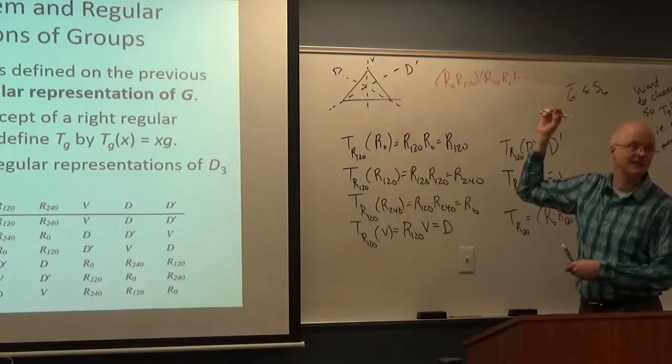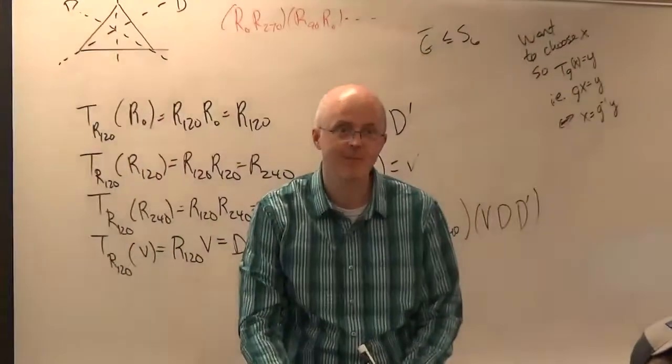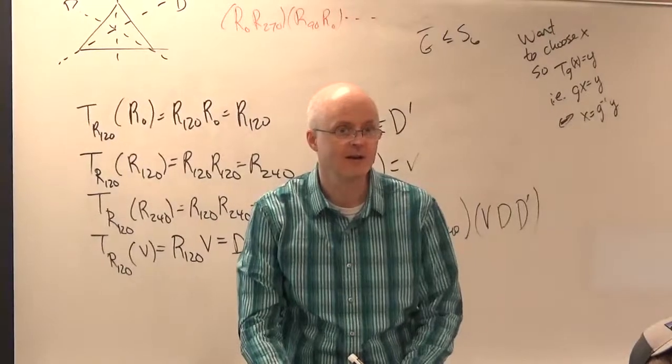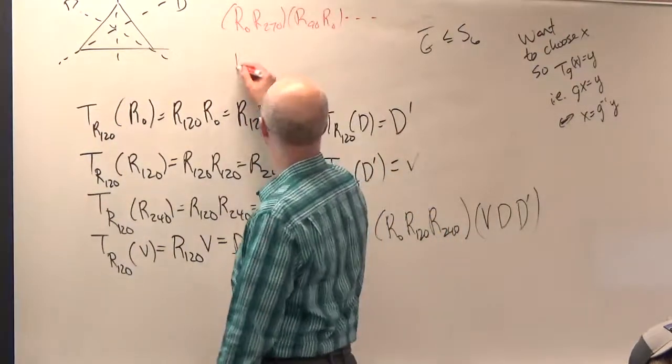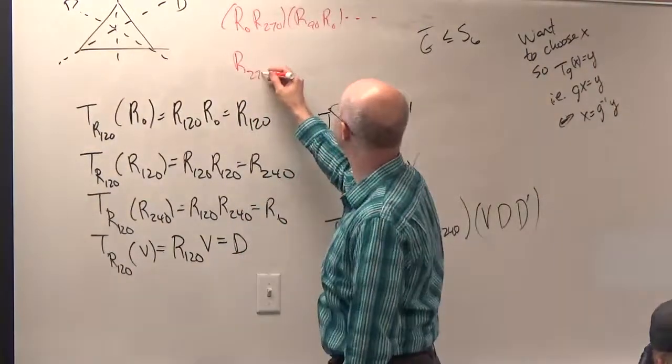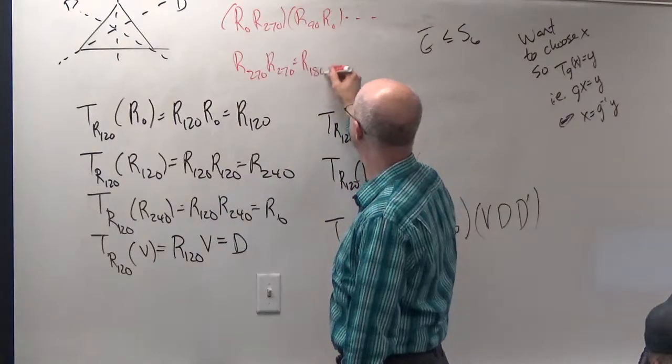That's incorrect. When you multiply in D4, the symmetries of a square, by R270 on the left, when you multiply R270 by itself, you don't get back to the identity. You get R180.